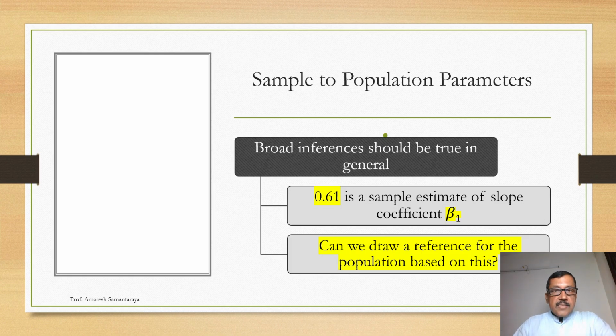Now this 0.61 I obtained based on data which I used. So assume I have used data for say 92, 93 up to 2024-25. So for this 35 years or so, if I'm using this data, maybe I'm getting the number as 0.61.